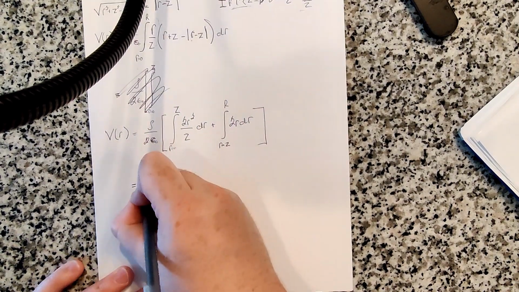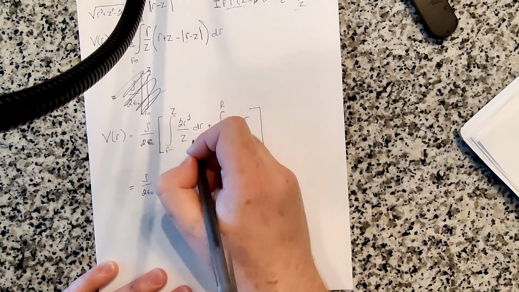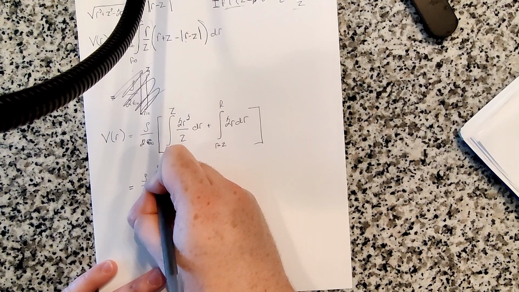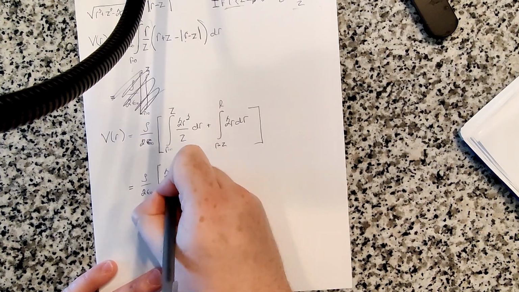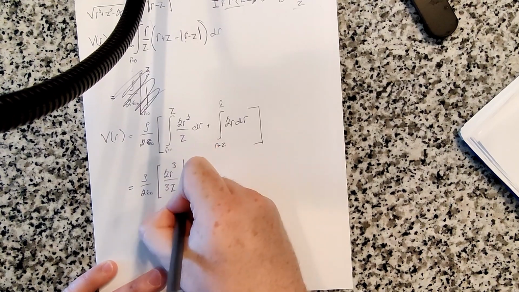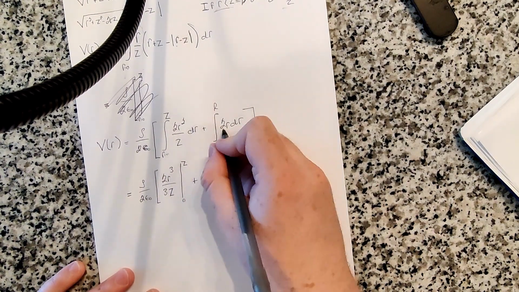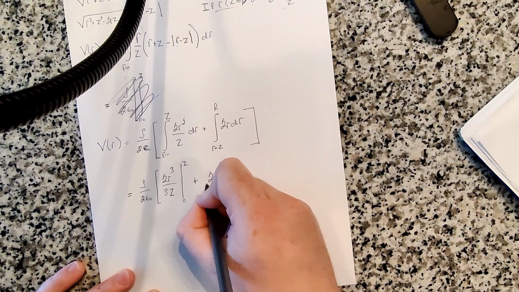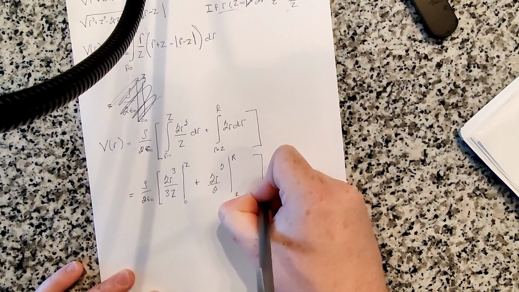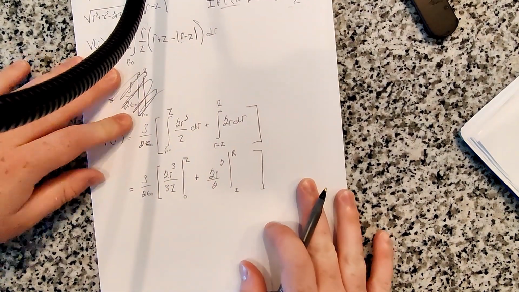These are easy integrals now. This will be 2r cubed over 3z from 0 to z, plus 2r squared over 2 from z to R. All right, so those are the integrals, and now we just have to plug in their bounds.